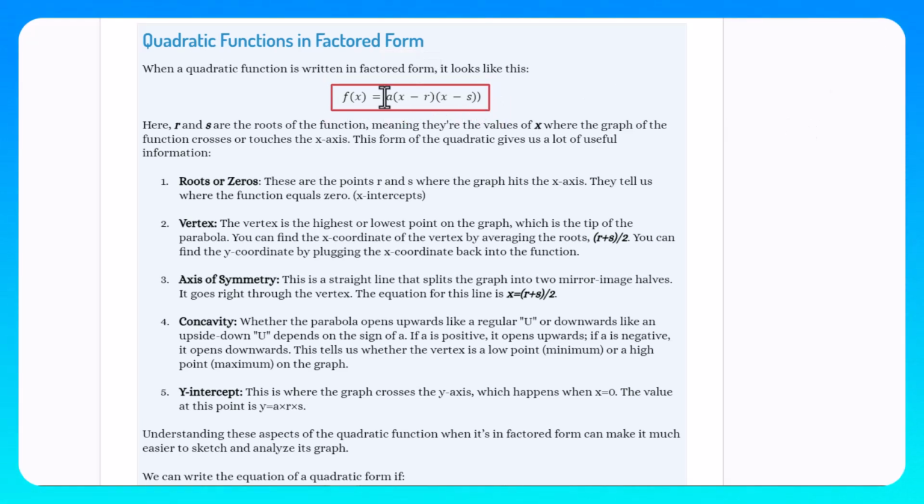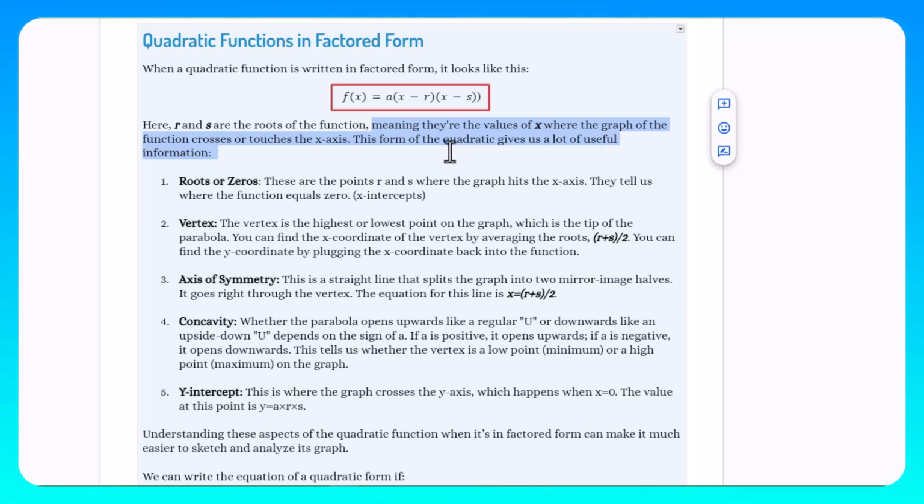And we say f of x equals a times (x minus r) times (x minus s). Well, in this form, r and s are what's called the roots of the function. And all this means is they're the values of x where the graph of the function crosses the x-axis.